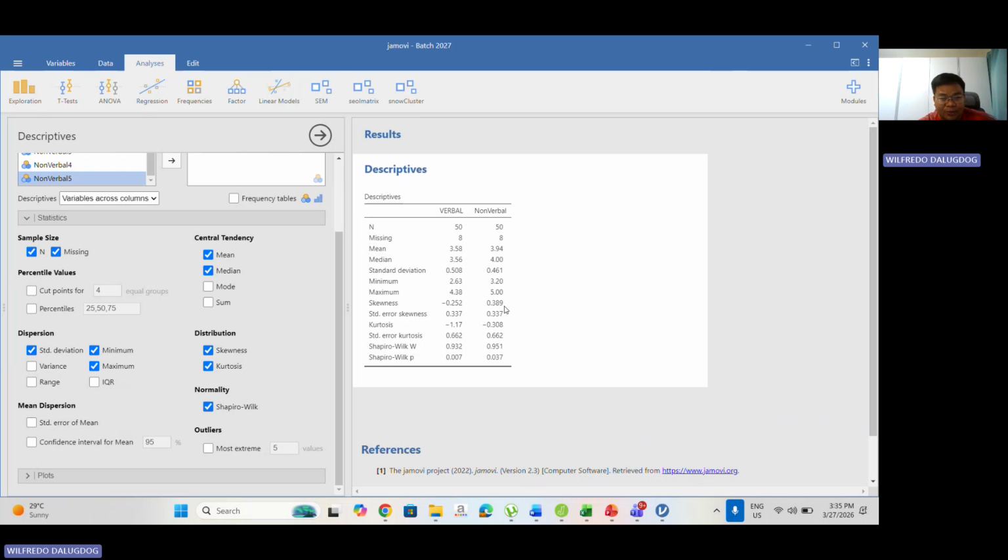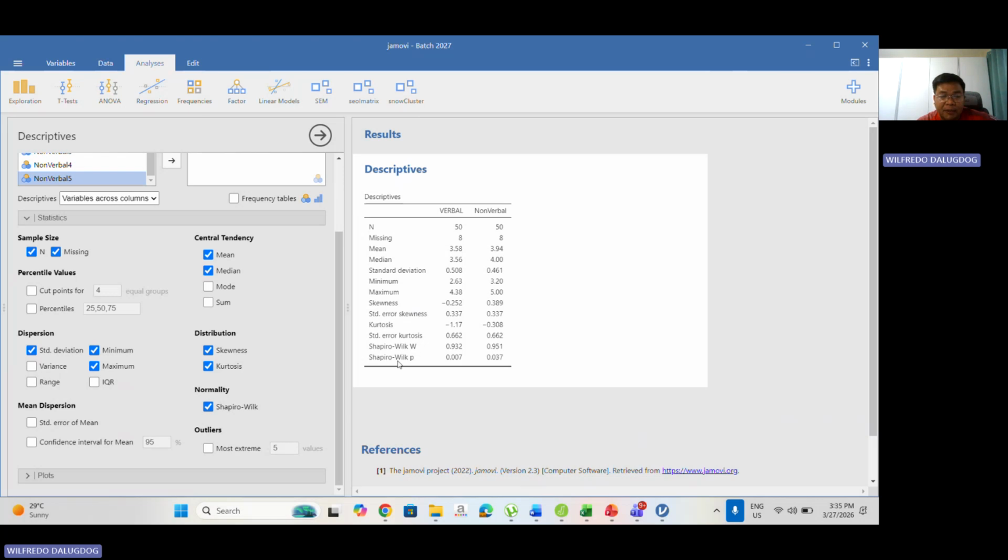And then if you take a look at the kurtosis, it is negative 1.17 and negative 0.308. As you can see, using the skewness and kurtosis values, it reflects that the data is not normally distributed.